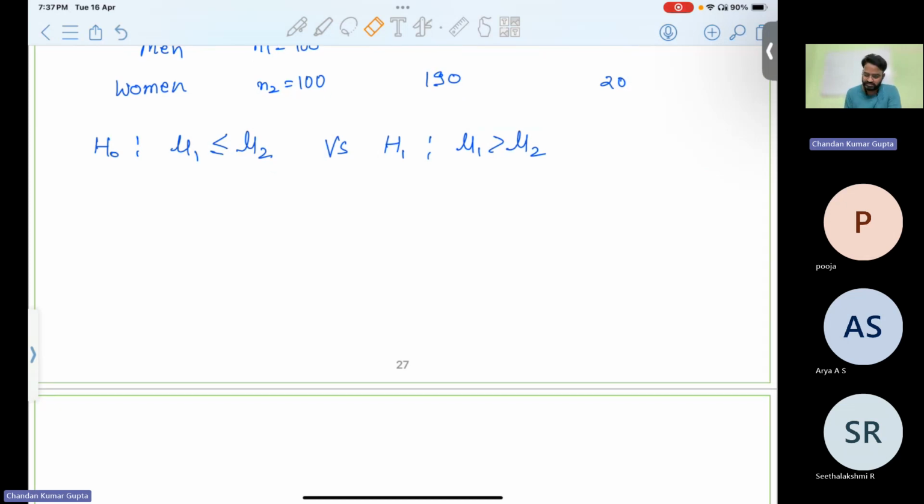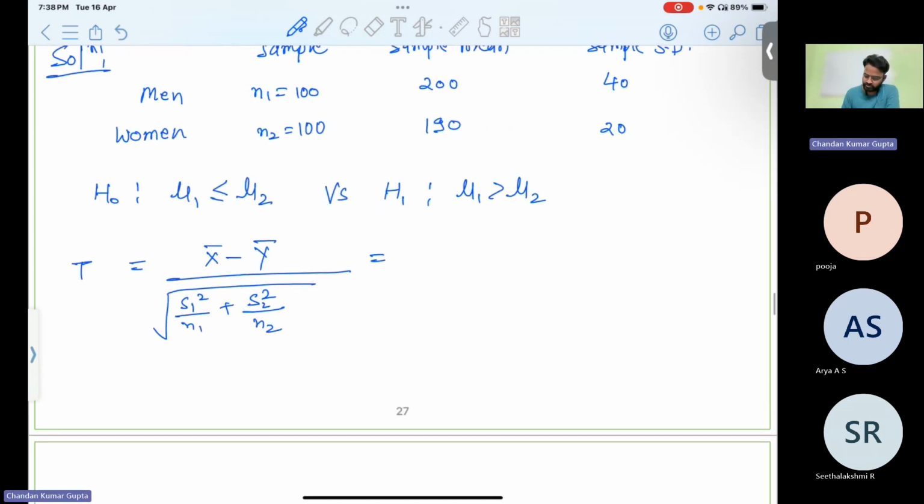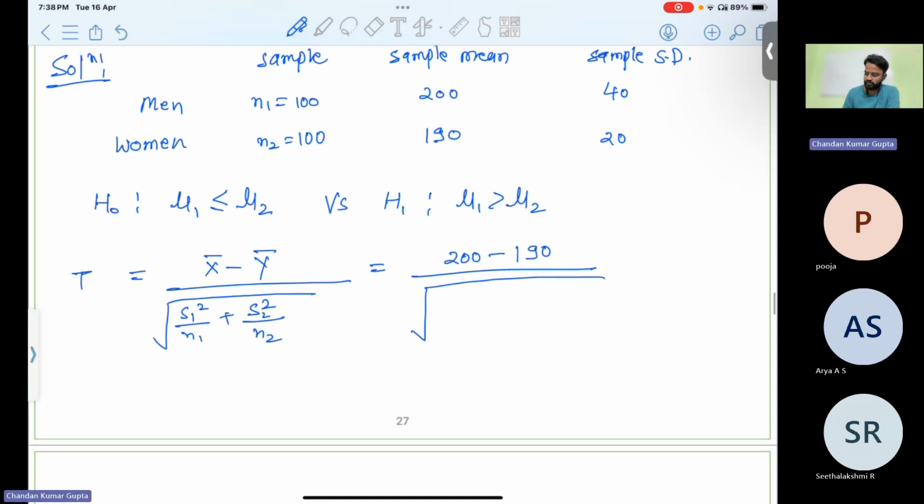Now the test statistic under this condition is x bar minus y bar, whole upon the square root of s1 square upon n1 plus s2 square upon n2. Okay, so x bar is 200 minus y bar 190, upon 40 square upon 100 plus 20 square upon 100.